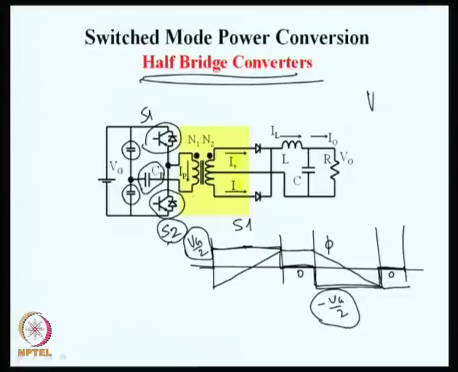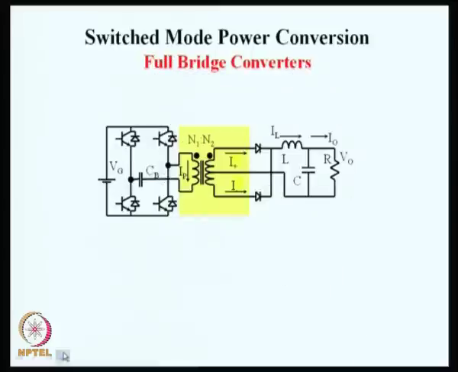So, what you will see on the secondary side will be Vg by 2 into N2 by N1, and then you have our standard non-isolated buck converter on the other side. The Cb has a special function called DC blocking. We will see in a moment what that is.